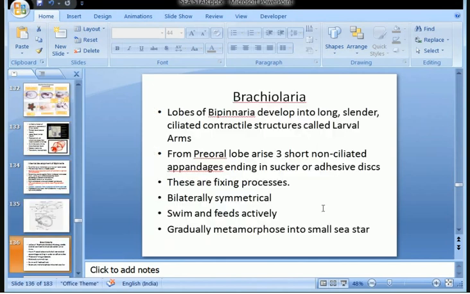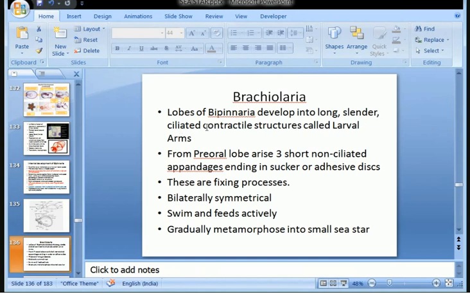Then the larva, at the same time, when these changes are taking place and the Bipinnaria larva is now having all these coeloms develop and the water canal, ring canal and stone canal develop, we come to the next stage. That is, the larva transforms into Brachiolaria larva.